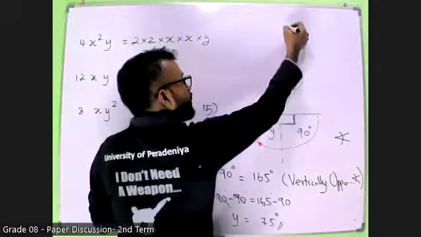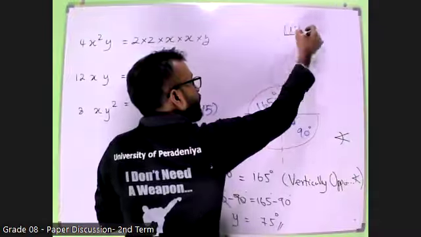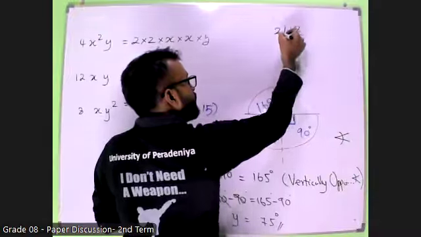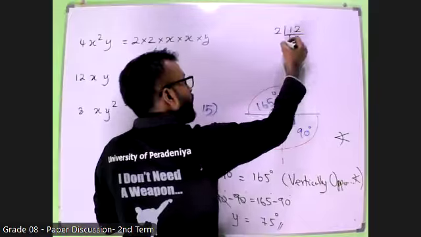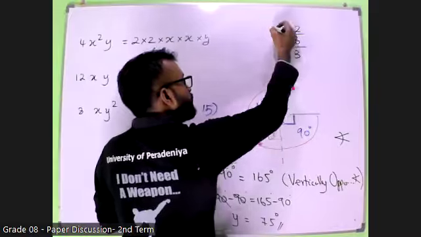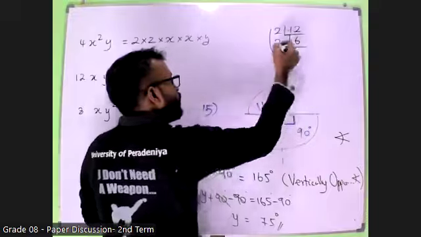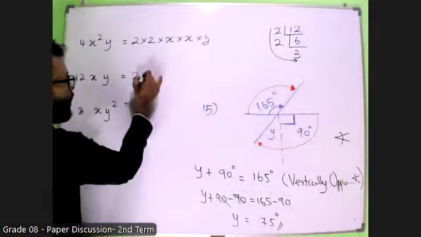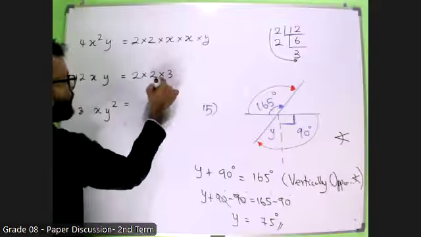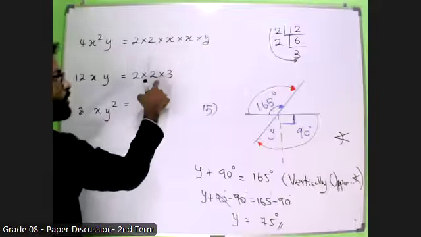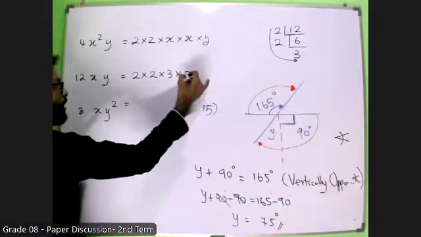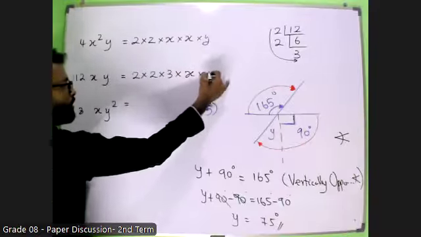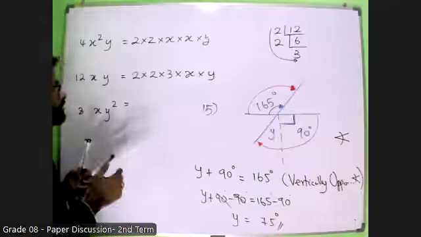How can you write 12 by using the prime factors? You have to start dividing from 2. 2 times 6, 2 times 3. So 2 times 2 times 3, 2 times 2 is 4, 4 times 3 is 12, times x times y.